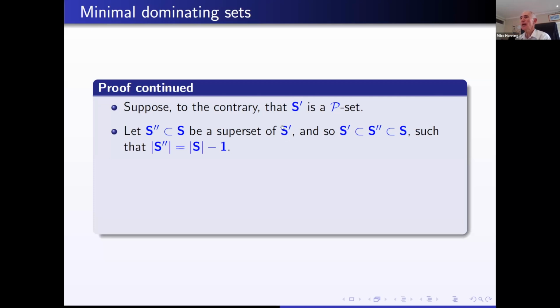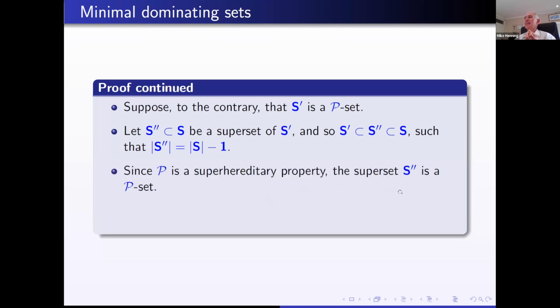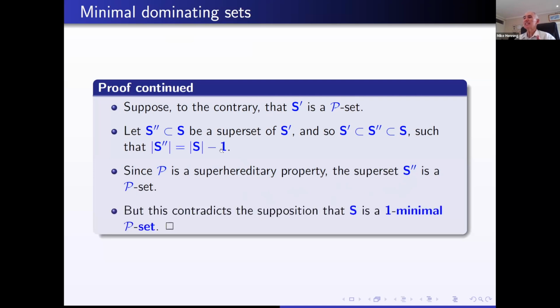If S prime has property P, every superset has property P. So we know that the set S double prime is a P set, but it has cardinality 1 less than S. And that contradicts our supposition that S is 1-minimal, because 1-minimal means that any subset of cardinality 1 less is not a P set.